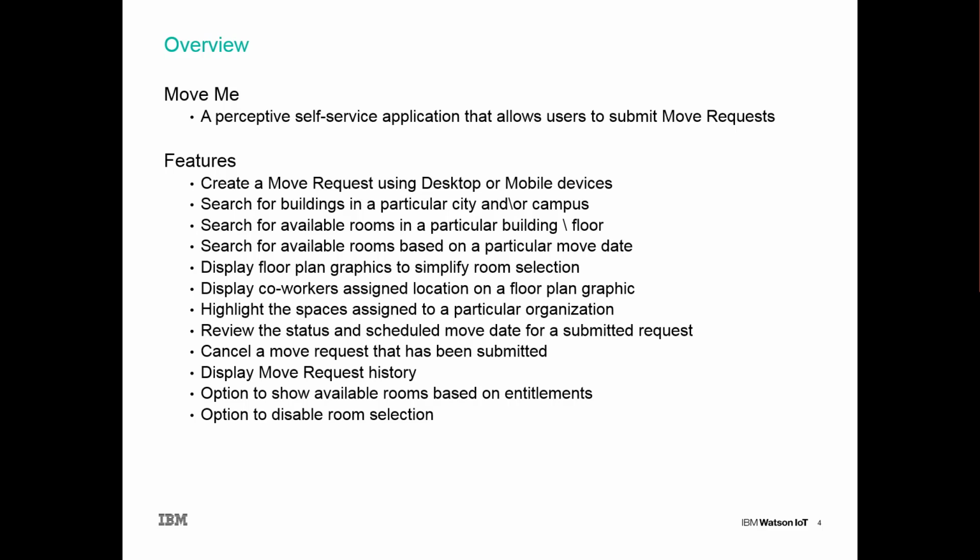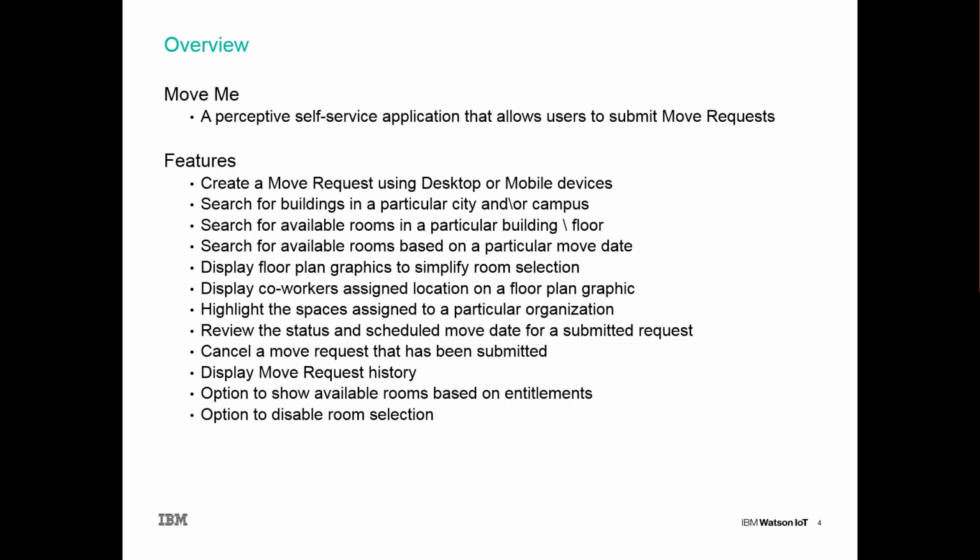The user can display a floor plan graphic that gives them a visual picture of the layout for the space, and if they know that a coworker will be on that particular building and floor, they can identify the coworker and have the graphic display a pin where that coworker is located.